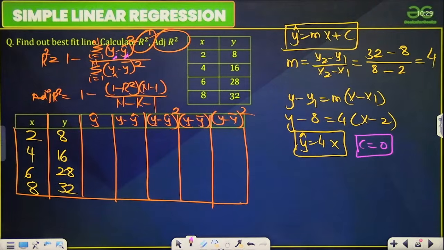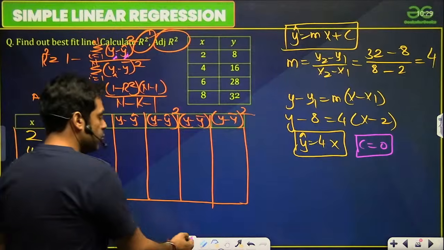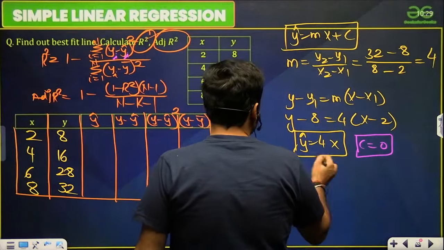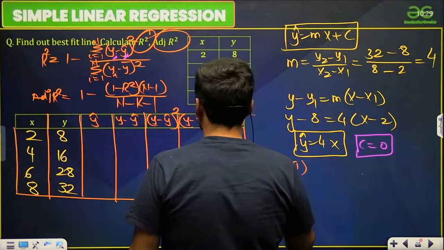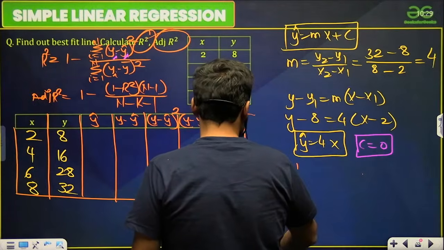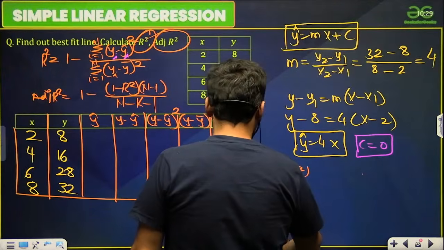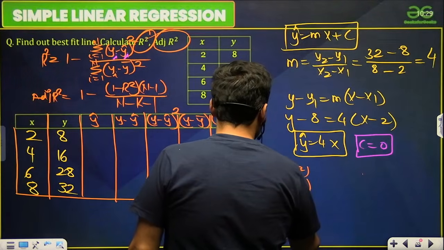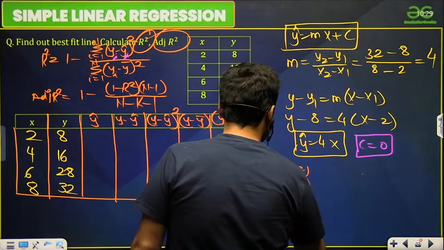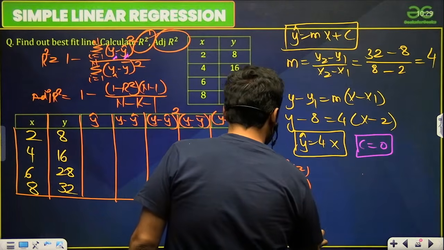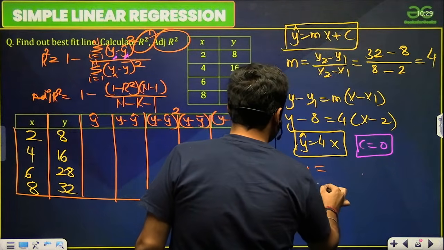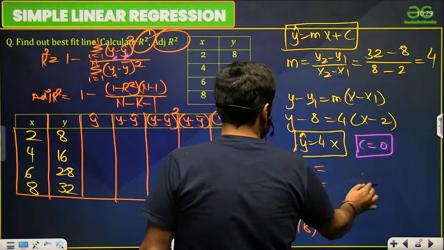Okay, now I think you can calculate y hat 2, y hat 4, y hat 6, and y hat 8. Please calculate this.